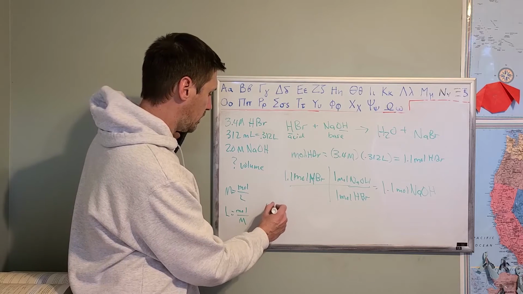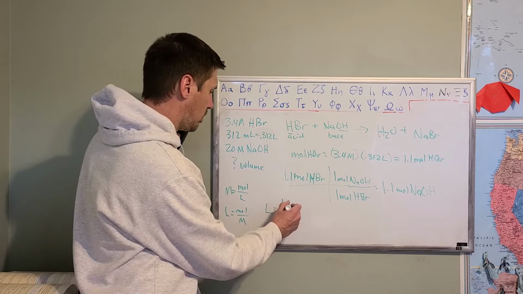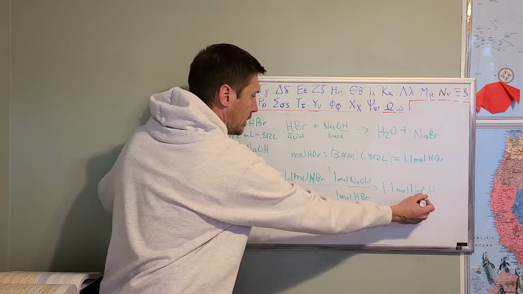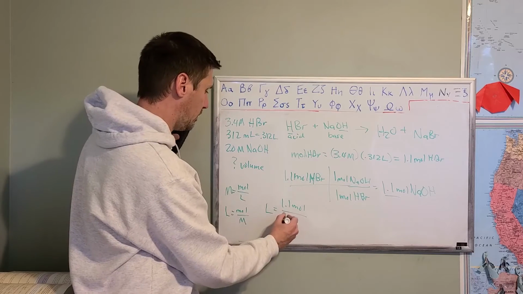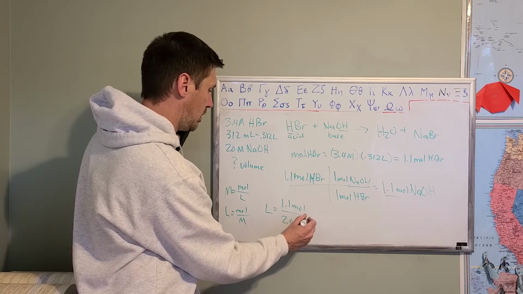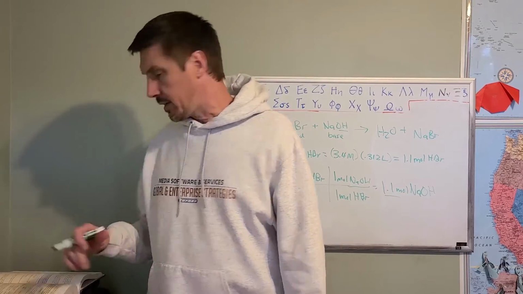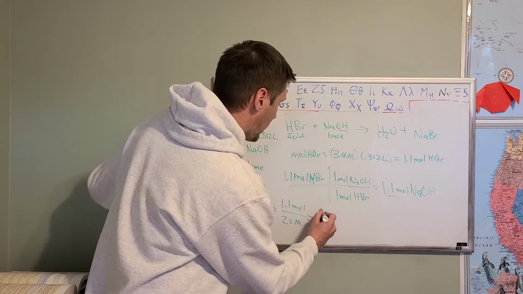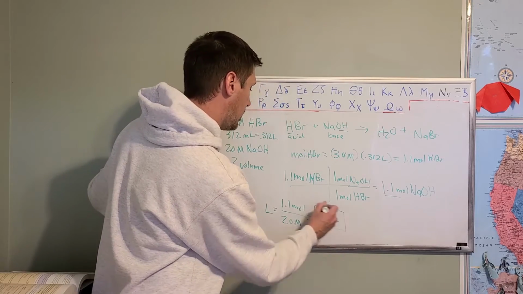So the liters of the solution is going to be the number of moles, which is 1.1 mole, which we calculated here, divided by the molarity, which was given as 2.0 molarity. And so we punch that in our calculator and we get 0.55 liters.